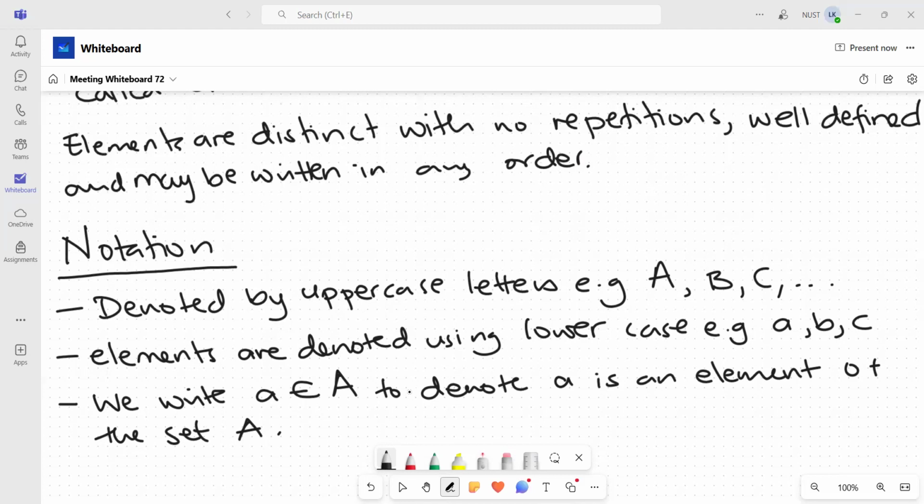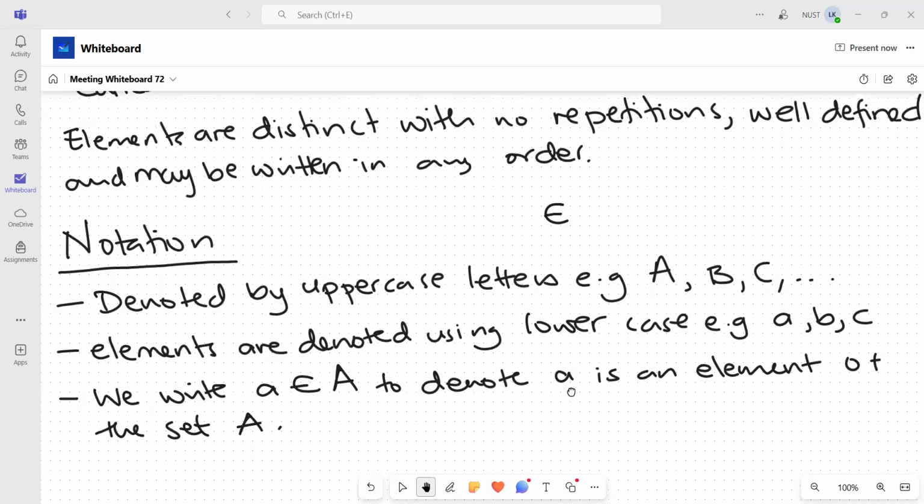It looks like a funny E. It's like a C with a line between them, to make it look like an E. So this means that a is an element of the set A.